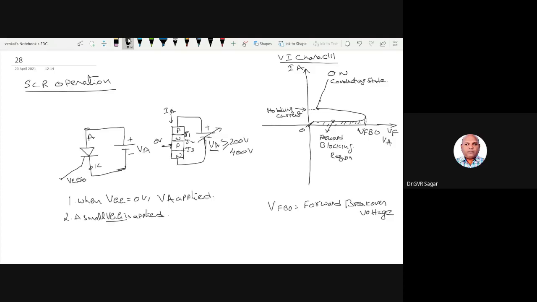This small voltage makes junction J2 somewhat forward biased. When the junction is somewhat forward biased, it is easy to overcome the breakover voltage process from junction J1 to junction J3.